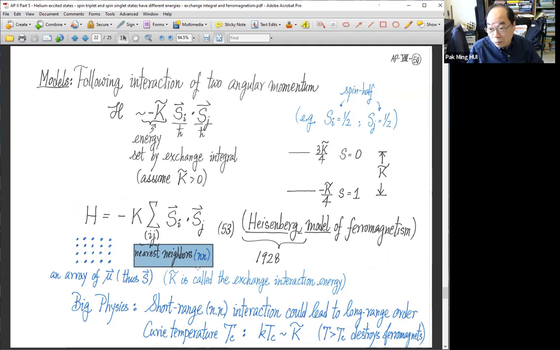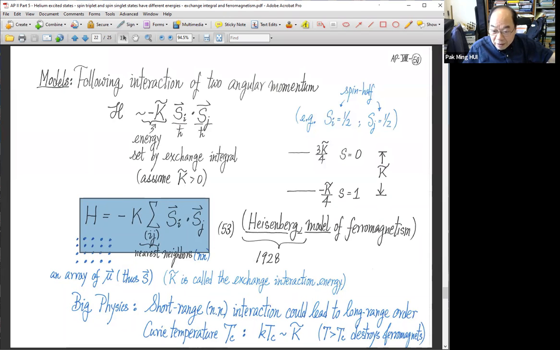That's reasonable. Well, we're doing quantum mechanics. It's not so far away things in interaction anyway. But the key thing is that, let me introduce the name first. This model is very popular in investigating magnetism. It is called the Heisenberg model of ferromagnetism.